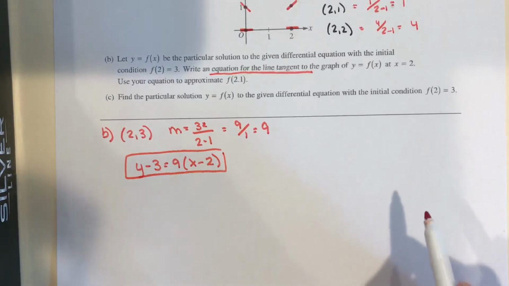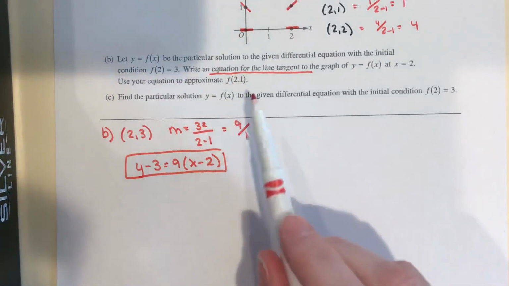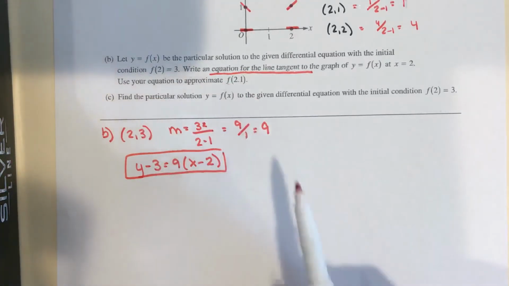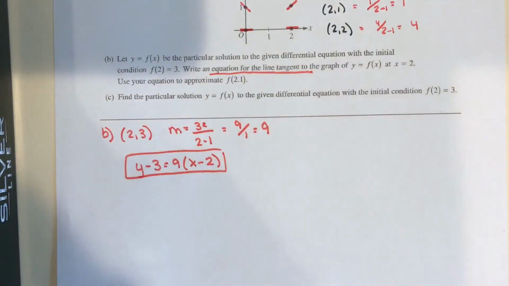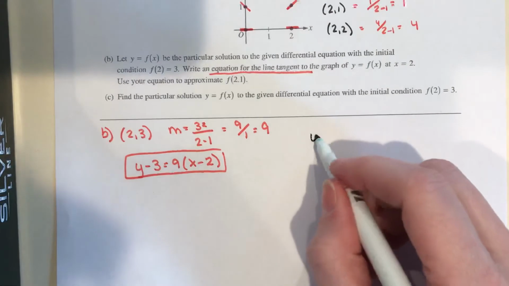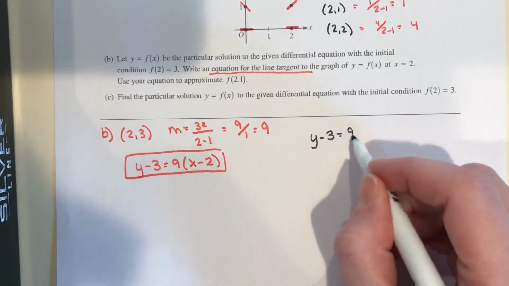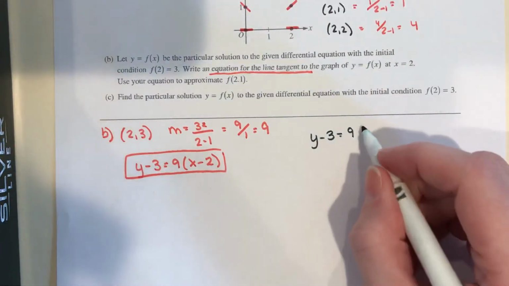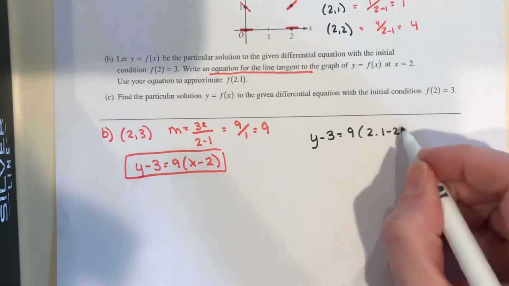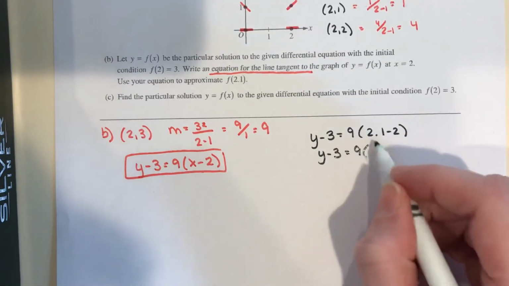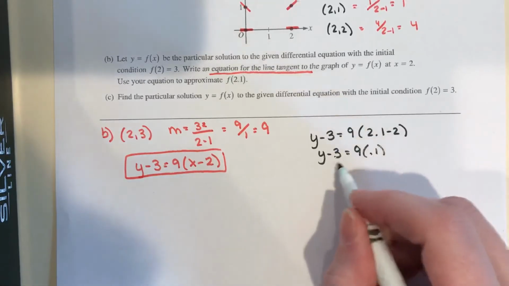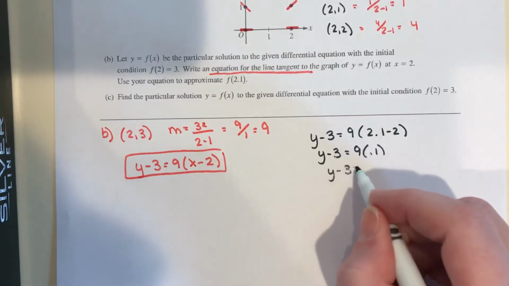The second set of directions says, use your equation to approximate f of 2.1. So I'm going to do exactly that. I'm going to use that equation, y minus 3 equals 9, and instead of x, I'm going to plug in 2.1. 2.1 minus 2 is 0.1. 9 times 0.1 is 0.9.